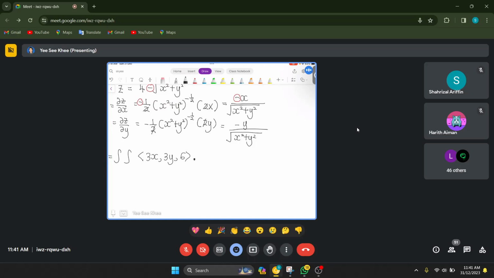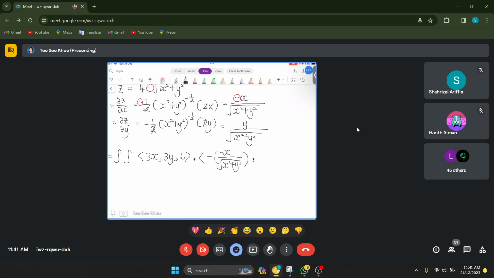So what is the unit vector n? Remember, we have the negative fx. Negative fx is equal to x over the square root of x squared plus y squared, and you have a negative.